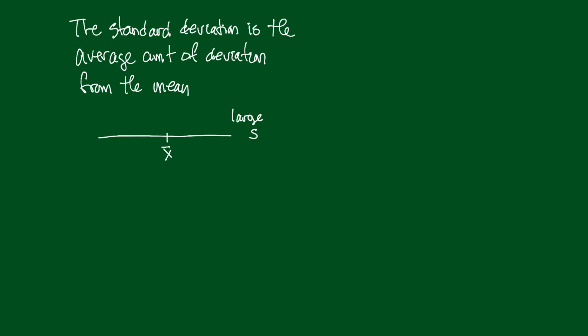That could mean your data is pretty spread out. It's not compact. There's a lot of spread. But suppose that you have a small standard deviation. That means the data is pretty compact around the mean.